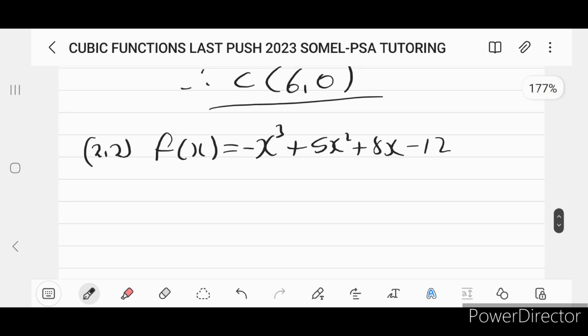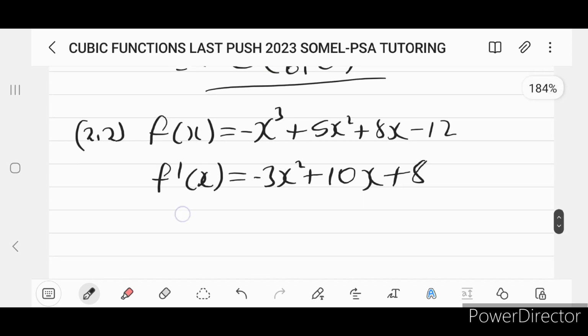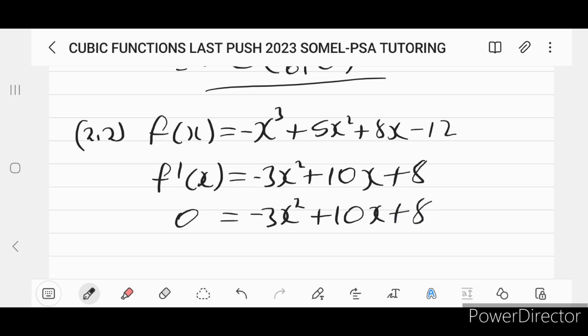So now I'm going to derive and find the gradient at any point, minus 3x squared plus 10x plus 8. So now remember, at stationary points I know the gradient is 0. So I'm looking for x values where the gradient is 0.